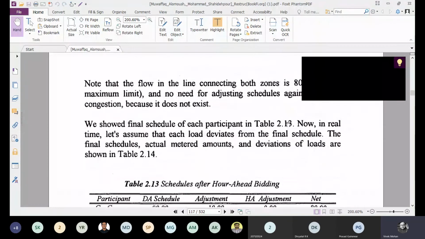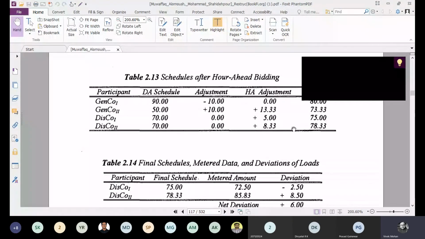I will show you the 5 megawatts increase. Okay, this one, DISCO 1, so an overhead adjustment was done using 5 megawatts. Now where this 5 megawatts has come from, that we have to see. It will be settled at that amount only, right? Because this amount basically goes to the GENCO.